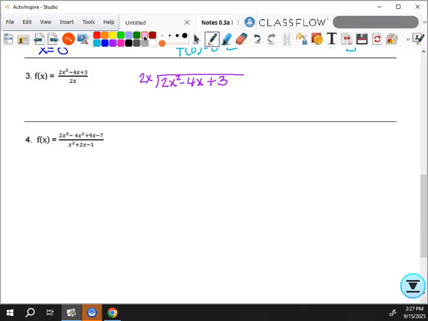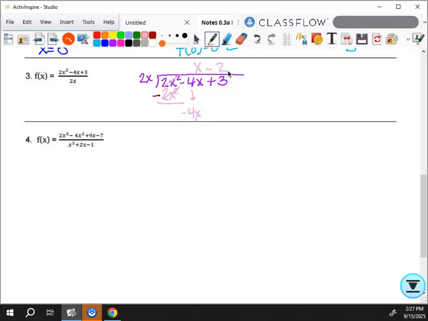So 2x squared divided by 2x is just x. So that gives me 2x squared. I change the signs, throw 0 out, bring down my negative 4x, and that'll be a negative 2 there.